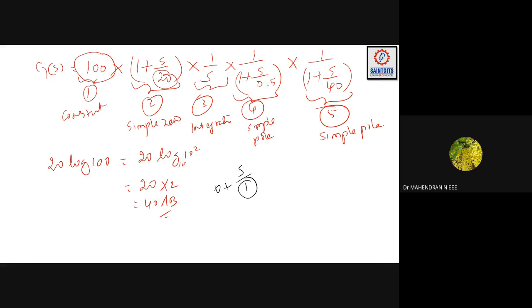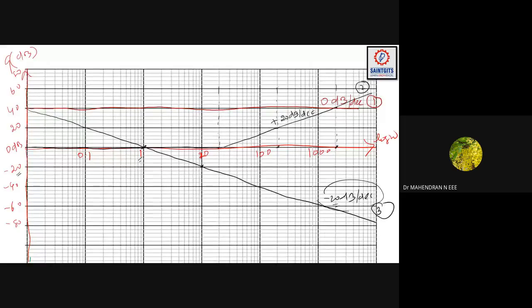And the fourth term, 1 plus s divided by 0.5. 0.5 is your corner frequency. Where is 0.5? This is 0.1, 0.2, 0.3, 0.4, 0.5. The next corner frequency is 5: 2, 3, 4, 5. The next corner frequency, 20, 30, 40, 50.